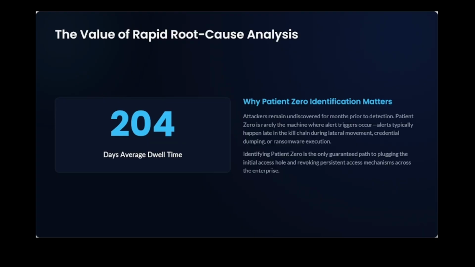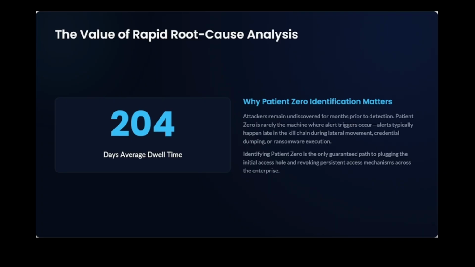They were watching. They were taking information. And it wasn't until something happened that kicked off that initial alert. And usually it's a little later in the kill chain, like during lateral movement, or when they try to dump creds, or they start executing ransomware. Well, they've already been there.